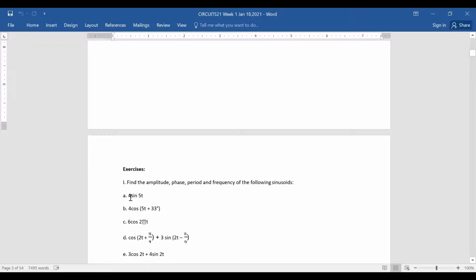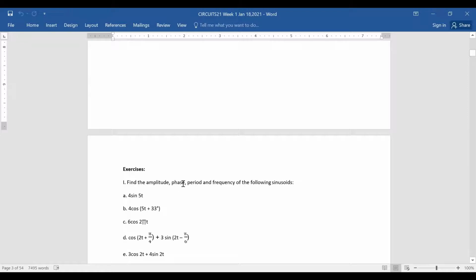If this sinusoid is a voltage, then our amplitude V sub M equals 4. If our sinusoid is a current, then this 4 corresponds to our I sub M. Since it is not mentioned which one this is, we can simply say our amplitude is 4.